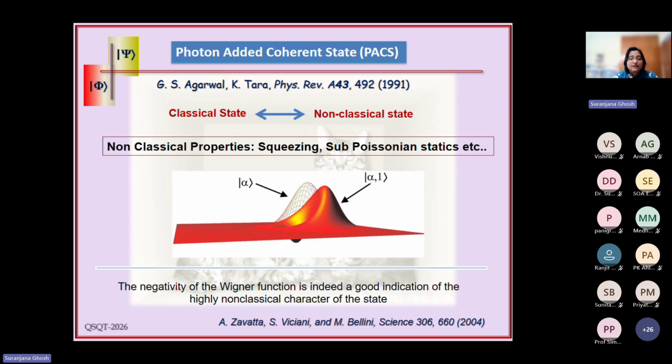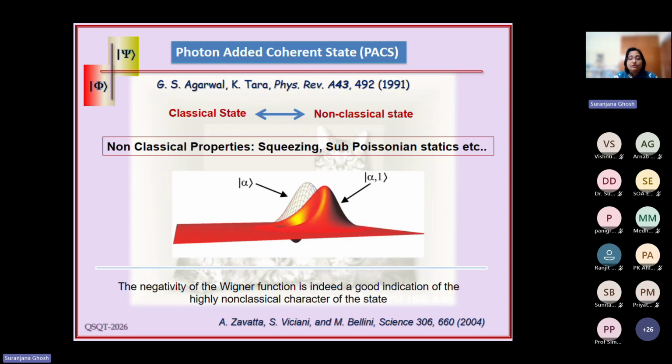Coherent state is the most classical object in the quantum domain. If we add a single photon, it starts showing non-classical properties, for example squeezing or sub-Poissonian statistics. It's very interesting to study because, see, this is a coherent state in phase space.